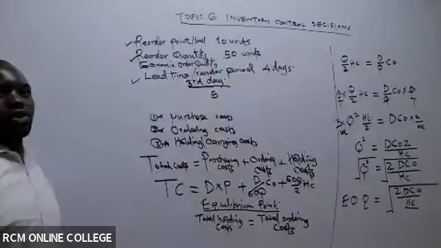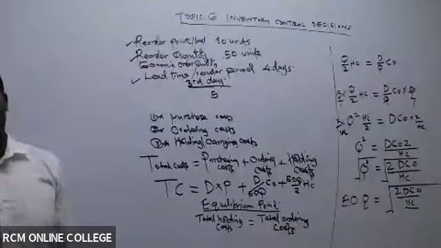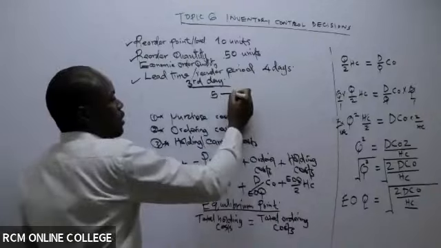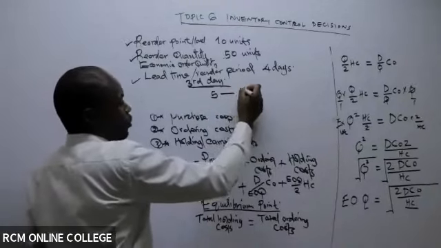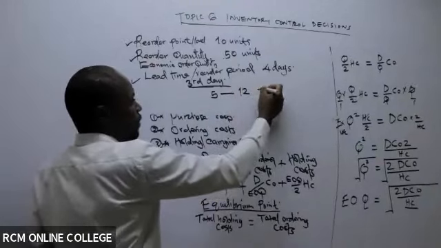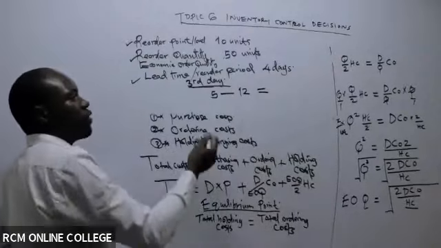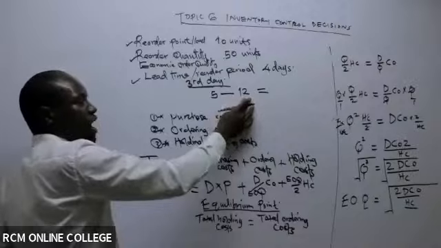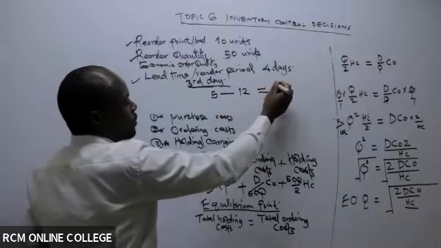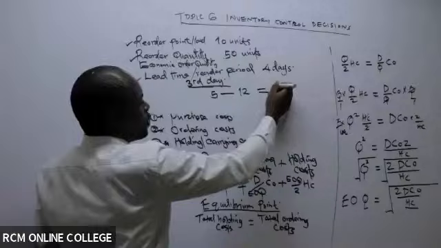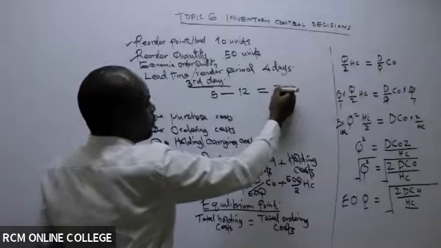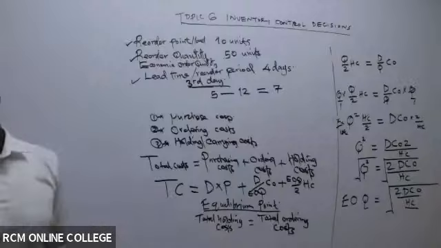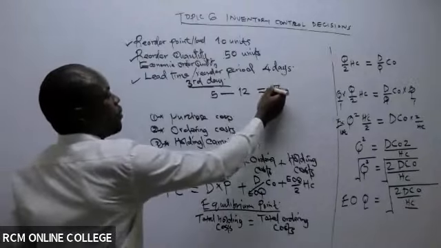The customer says, please give us 12 units. You have your opening of 5 and the demand is 12. What will you have? We have a deficit of 7 units.